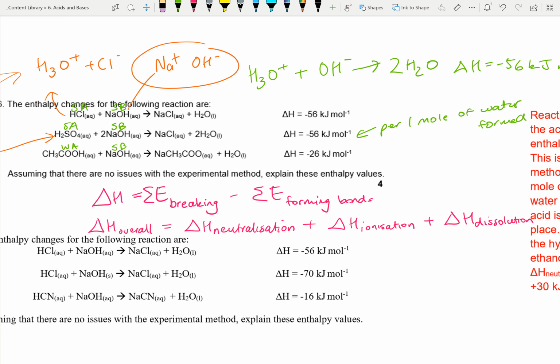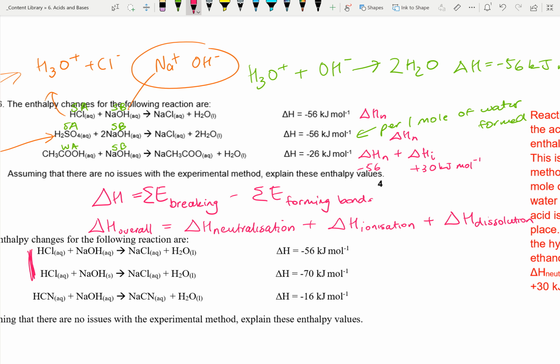So to be more clear, this is change in H of neutralization, this is change in H of neutralization, and this is change in H of neutralization plus the change in H of ionization. Because you already know this to be -56, you can infer that this must be +30 kilojoules per mole. This is like the shortcut version of looking at these things. If I go down to here, you've got strong acid, strong base, strong acid, strong base.